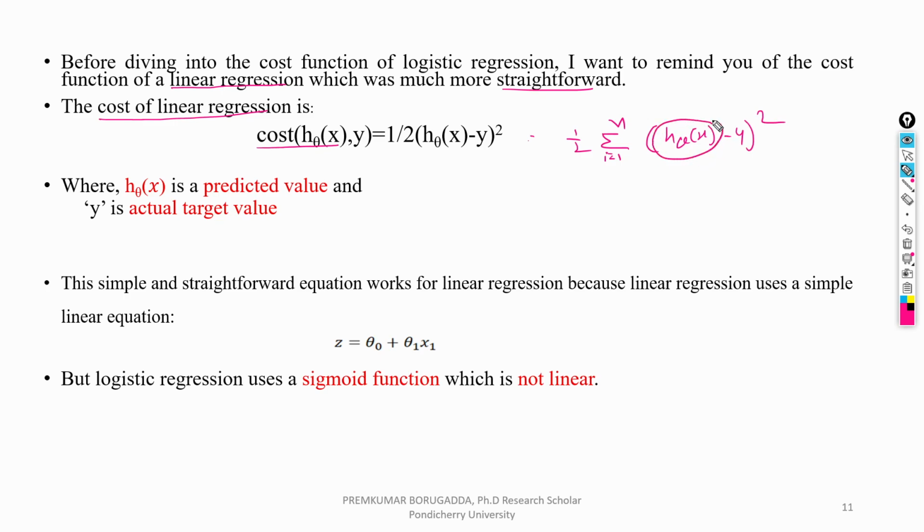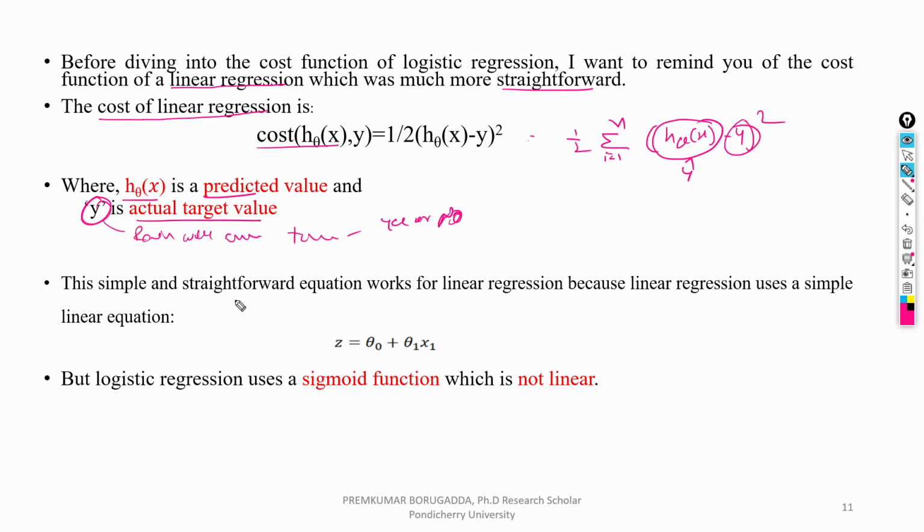Here h theta of x is our predicted value y hat, and y is our actual value. In our data, y is whether the rain will come tomorrow, yes or no.